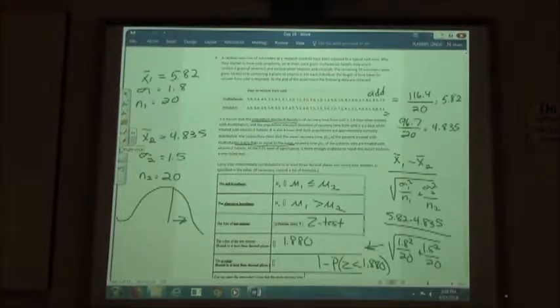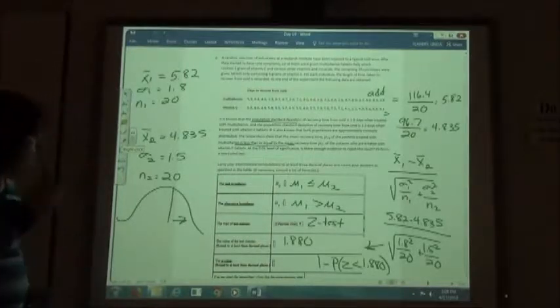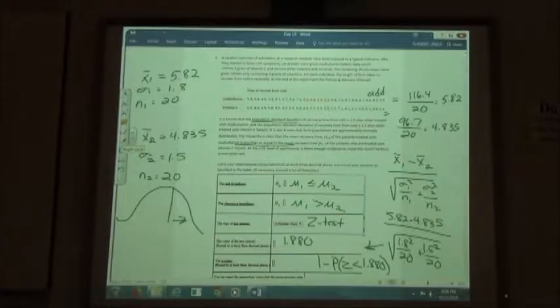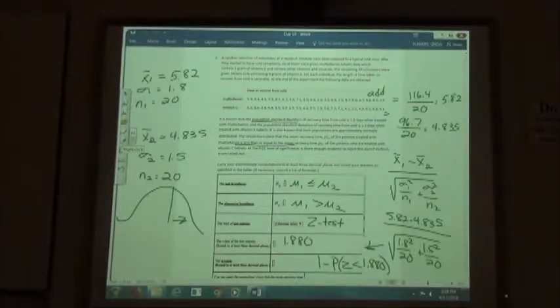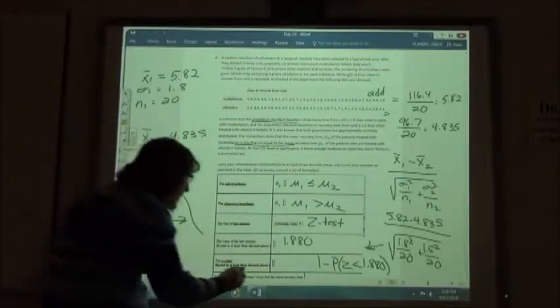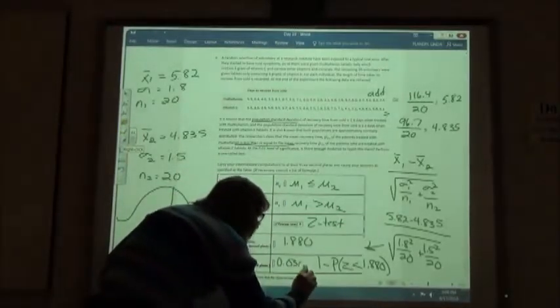And so when we go ahead and put that into the Alex calculator, 1 minus p of z is less than our 1.880, we get what? 0.030.